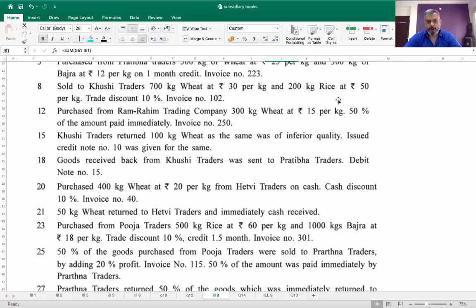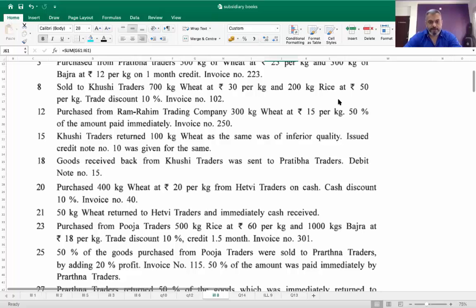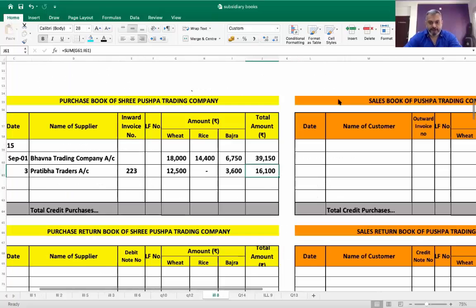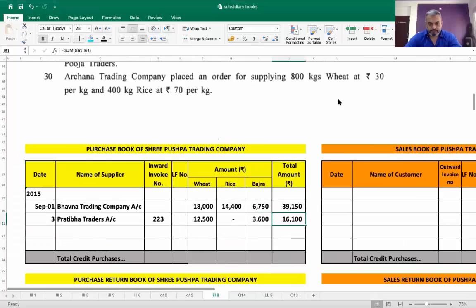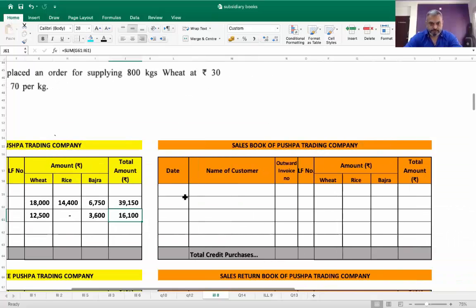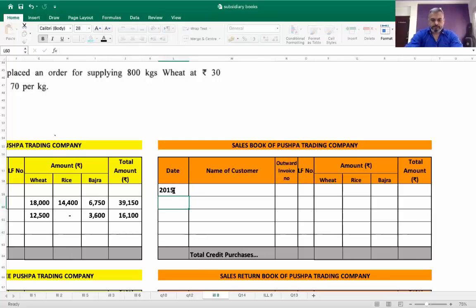So this will be recorded in sales book, September 8, Khushi Traders, invoice number 102. 700 kg wheat at 30.